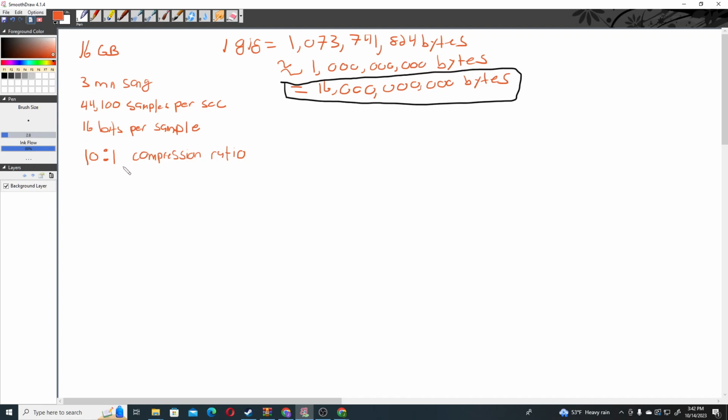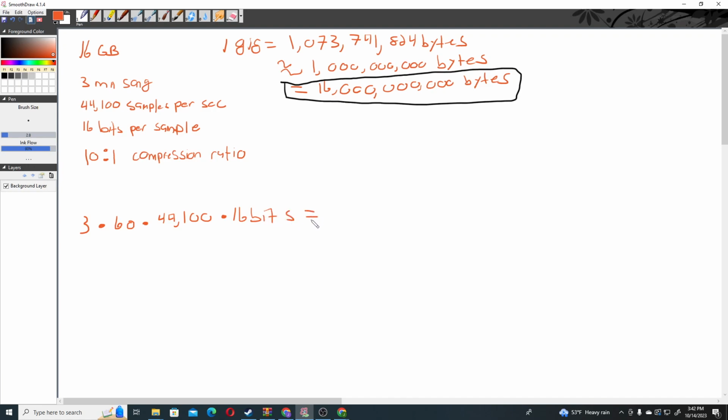And let's figure out how many bytes each song is. We're gonna say each song is 3 minutes. So we're gonna say 3 minutes times 60 seconds per minute, times 44,100 samples per second, and each sample has 16 bits.